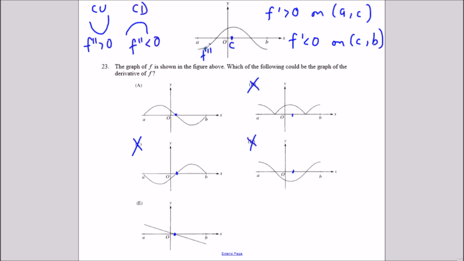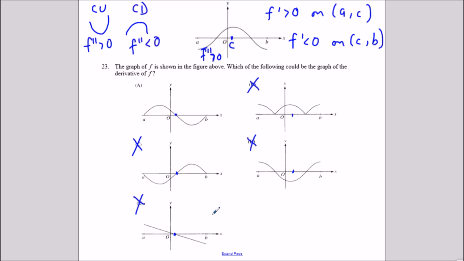So if we look here, you see how it's concave up because it's in the shape of a U. That means our derivative should increase, and then our derivative should decrease. And then for the next portion where it's concave down, the derivative should continue to decrease and switch back to increasing. But if that gets a little bit confusing, the reason why E is out is because this derivative is always decreasing.